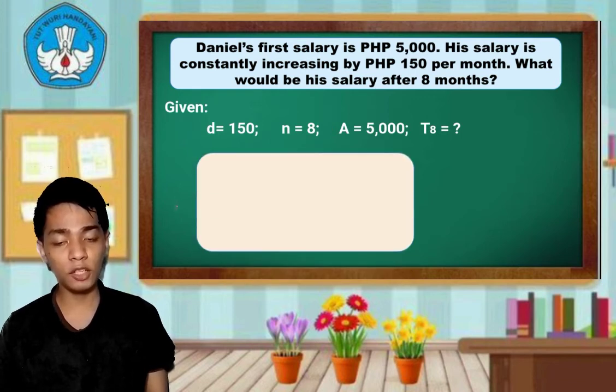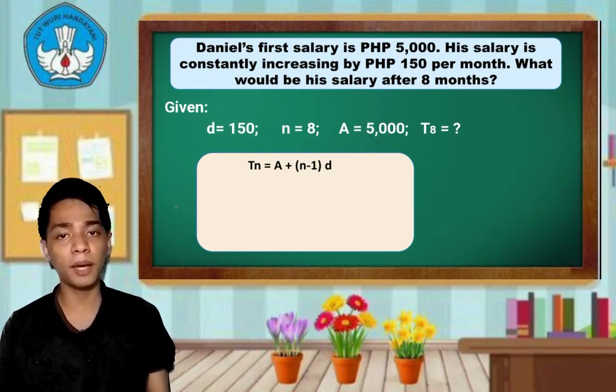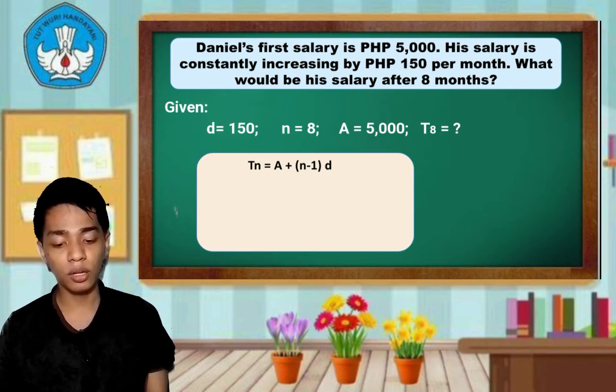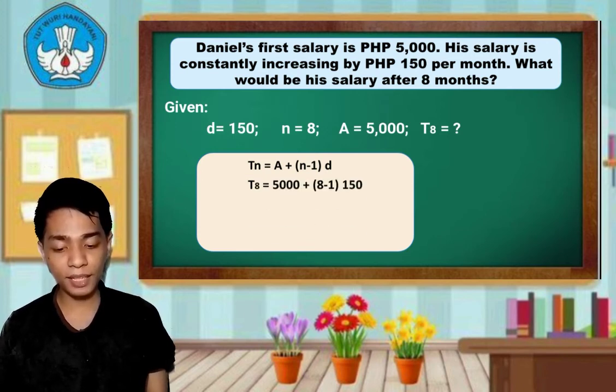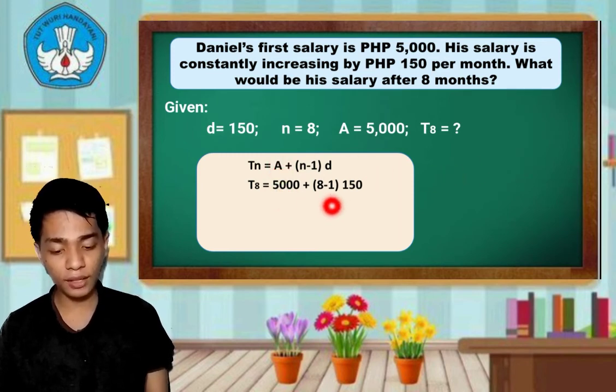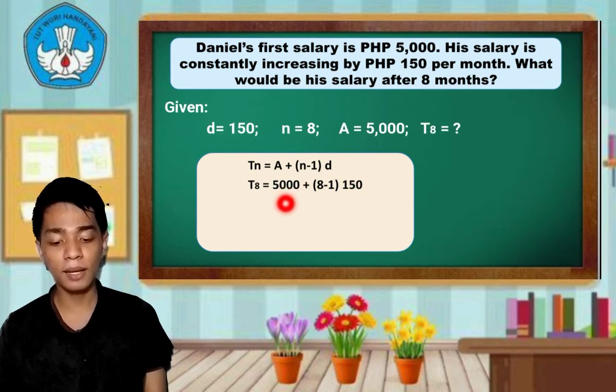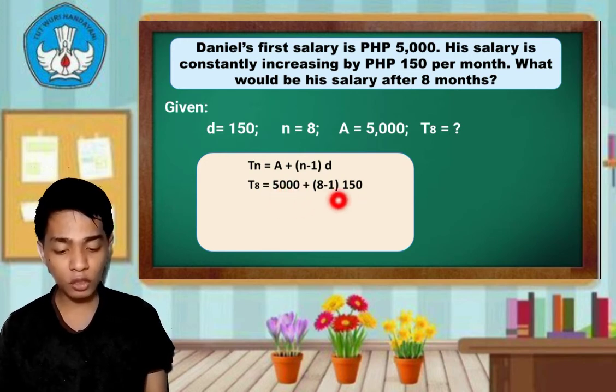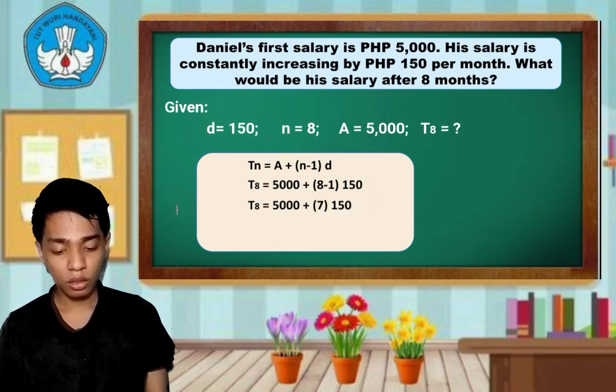To solve this, we need to write first the formula. We have T sub N is equal to A plus the quantity N minus 1 times D. Next is substitute the value. Our A is equal to 5,000, and then D is equal to 150. So we have 5,000 plus 8 minus 1 times 150. Let us solve first what is inside the parenthesis.